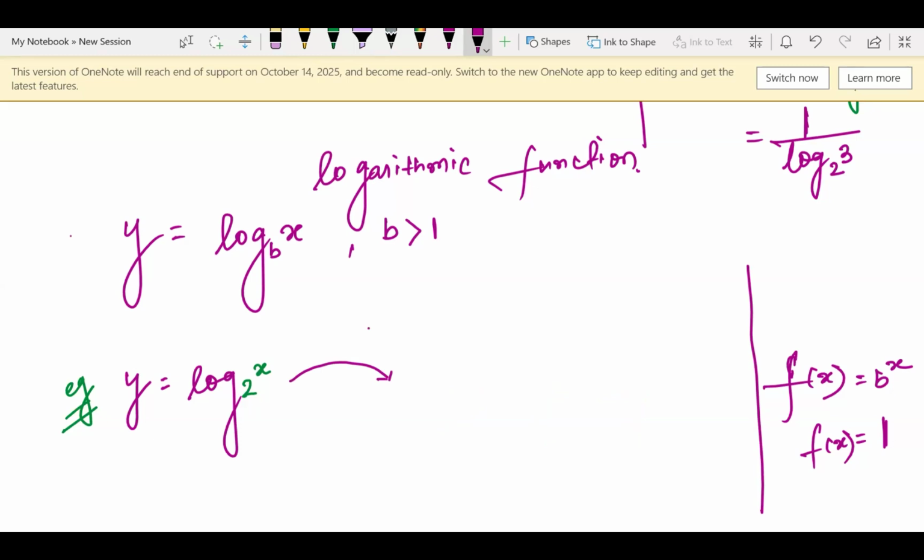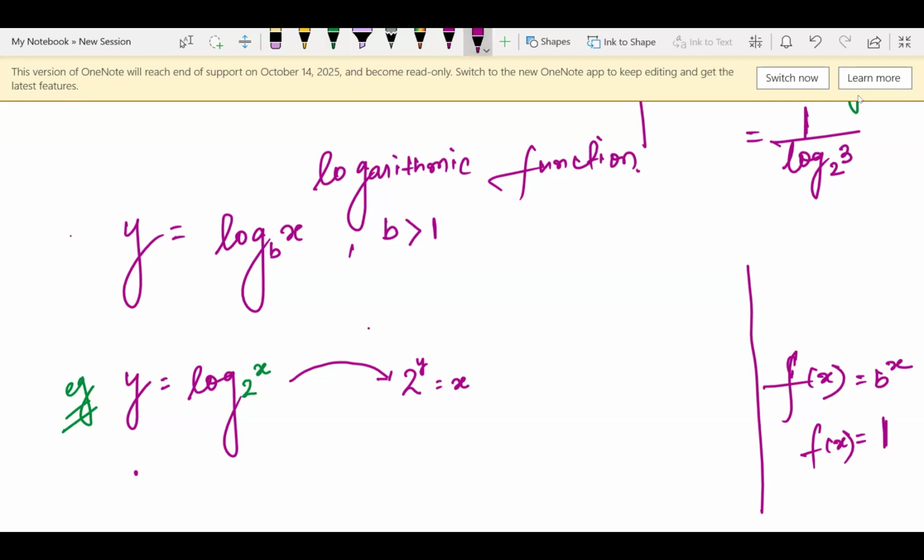The law of exponents you have been learning from very lower classes, right? So we can write it as 2 to the power y equals x. Now can you see the exponent y can be any real number?